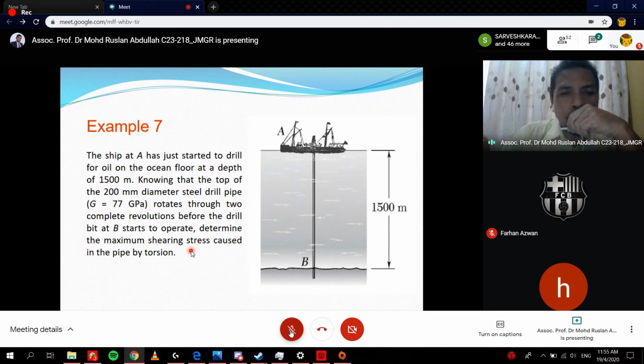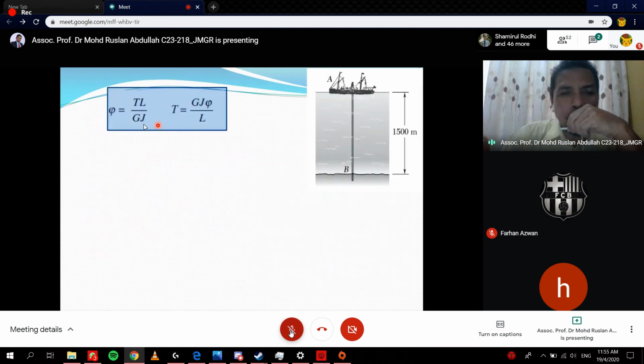So what is the maximum shear stress? In this case, we have to apply both formulas. We have theta equal to TL over JG, which is the angle of twist.